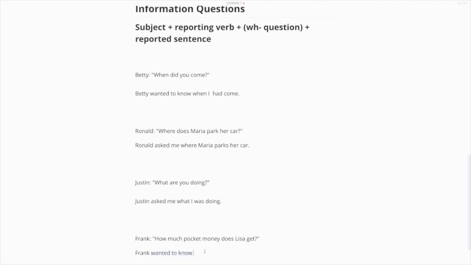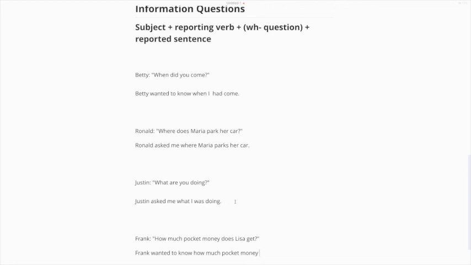And now, double H question. Which one is he using? He's using how. Frank wanted to know how. And now, how much? How much pocket money? Now we're going to get to the part of the reported sentence. What is the tense that Frank is using?